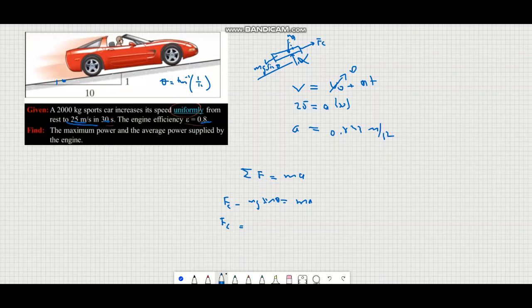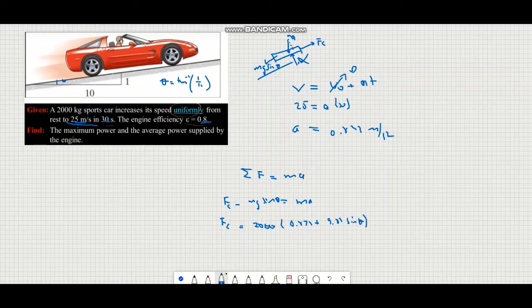So Fc basically is equal to m, let's put in the same parentheses, 2000 multiplied by parentheses of a, which is 0.833, plus 9.81 multiplied by sine theta, which is around like 5.